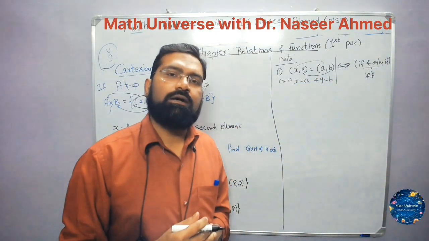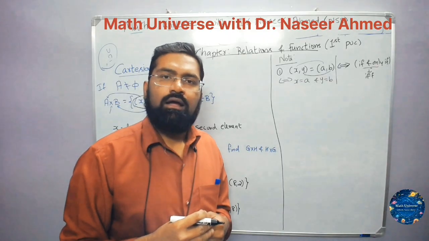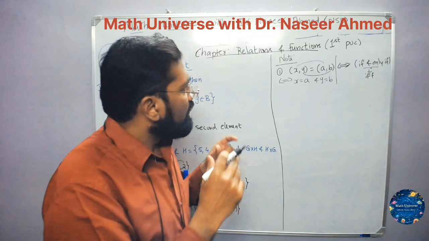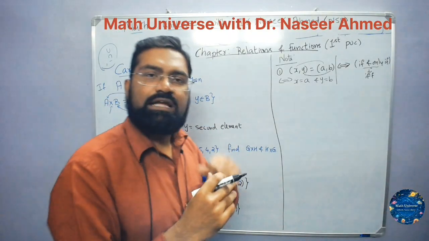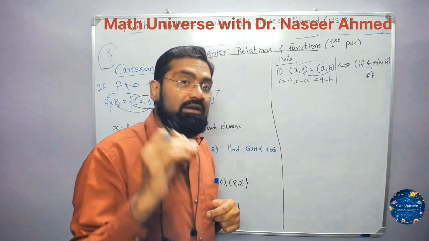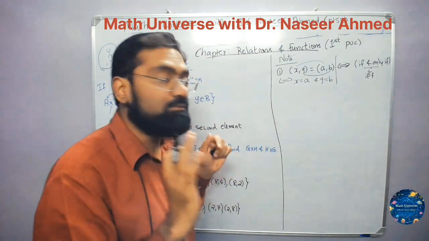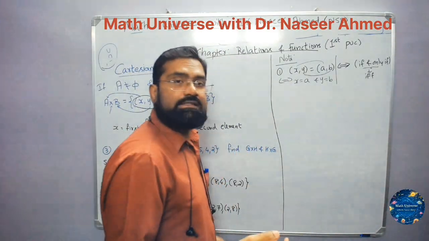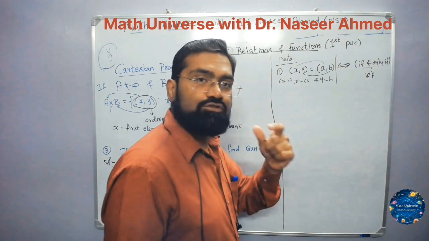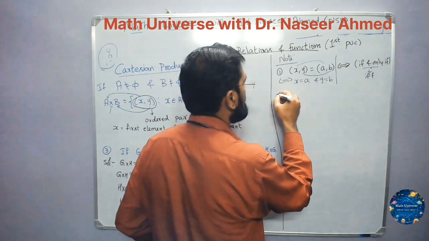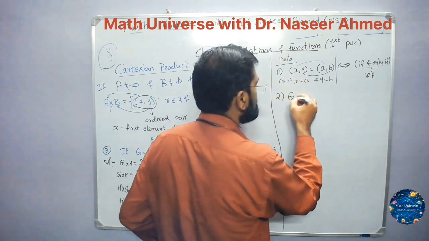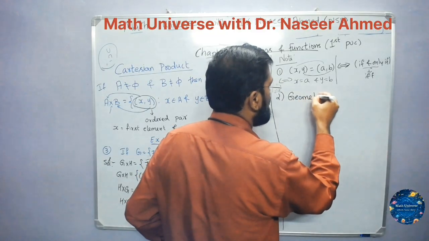Now one question will come, sir, why is it so? Here let us try to understand this with the help of geometry. Geometry is the key to understand this chapter even better.